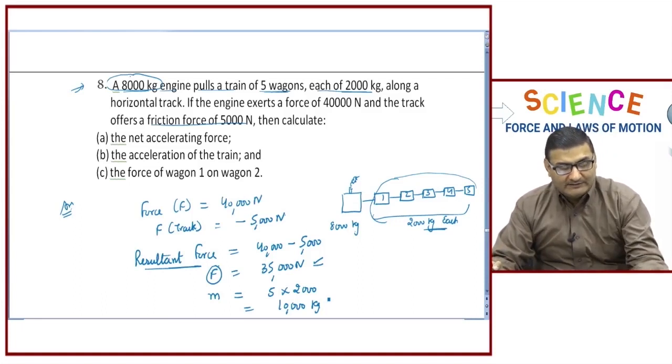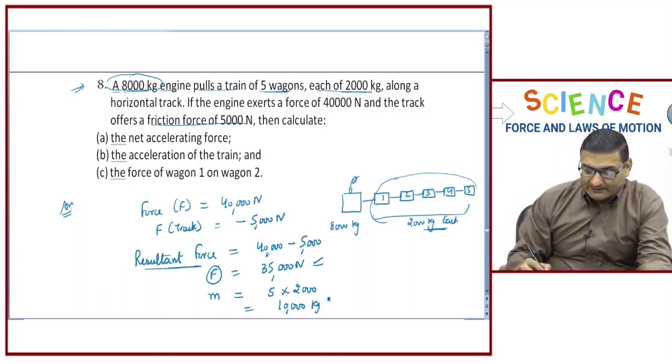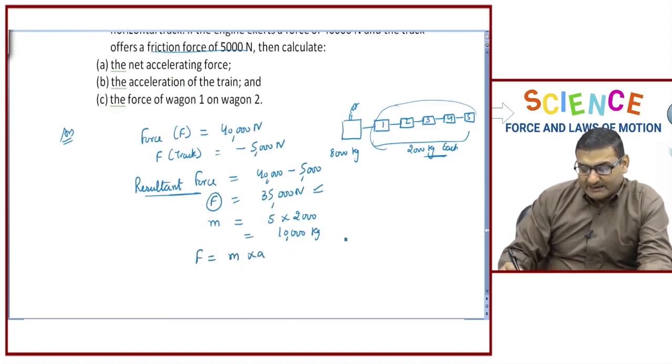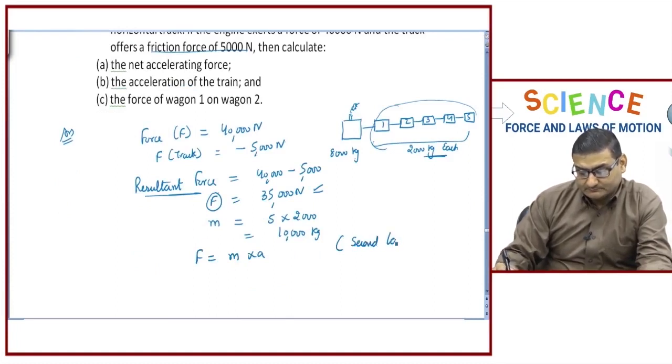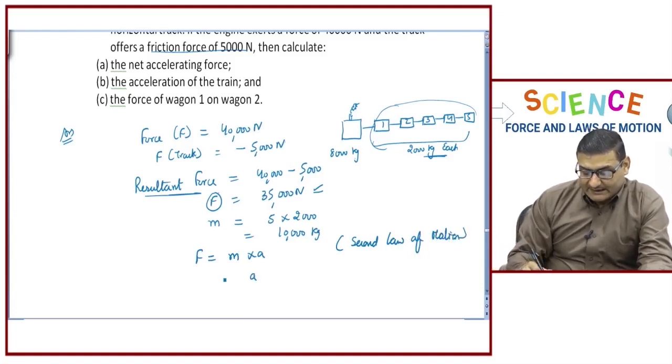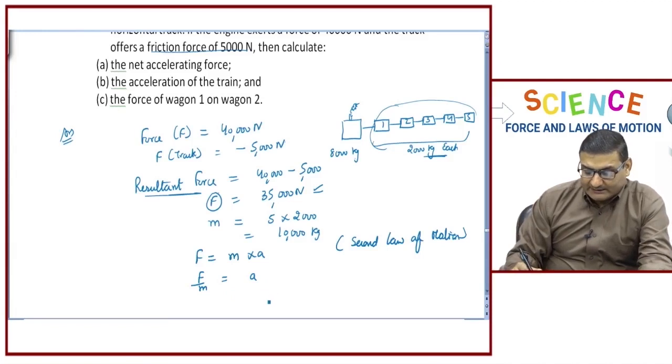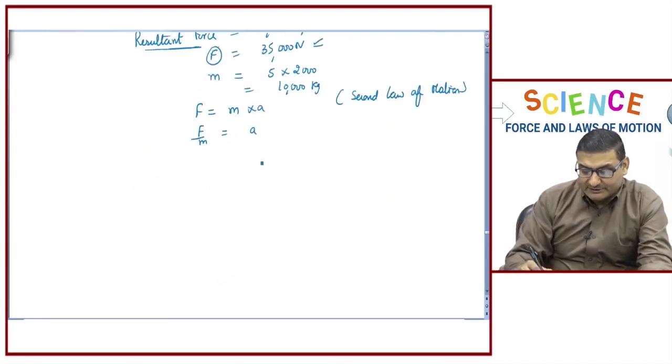No. Fine. So now we are provided with force and the mass, and we know that F is equal to m into A as per Newton's second law of motion. Right? Based on this, we see that F upon m will be equal to A. So by this, we calculate the value of acceleration.